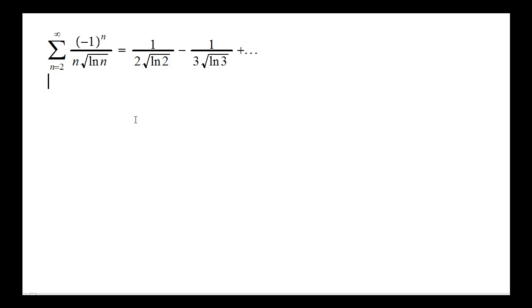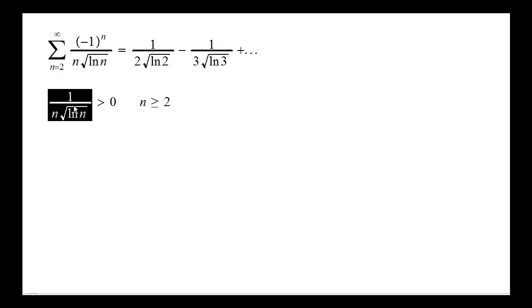Now if we look at the series and we look at the absolute value of every term, what we notice is that all these values of the sequence are positive for n greater than or equal to 2. And we do have n greater than or equal to 2 here.